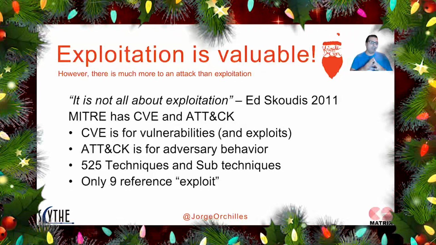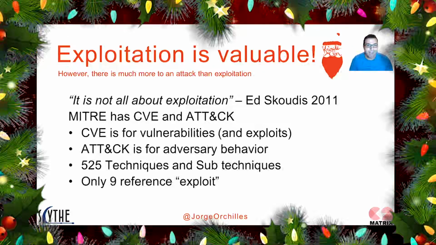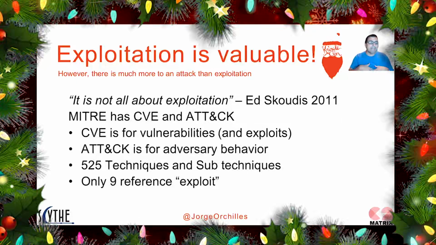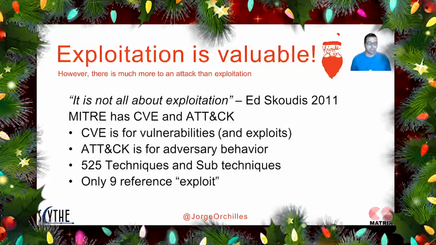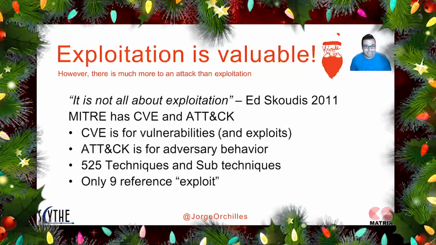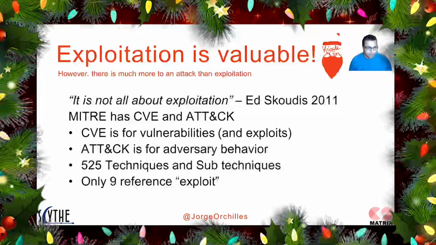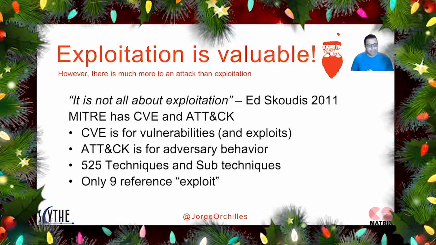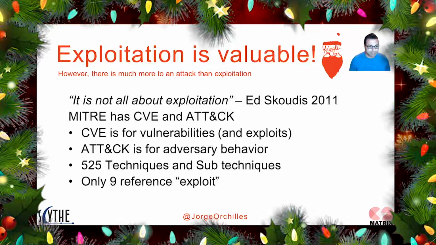But then they have this other thing that I'm sure you've heard about called ATT&CK, Adversary Tactics, Techniques, and Common Knowledge. And this is more about behaviors. The best way I can show you this is that CVEs, we get thousands of them every year, while in ATT&CK, we have techniques and sub-techniques.